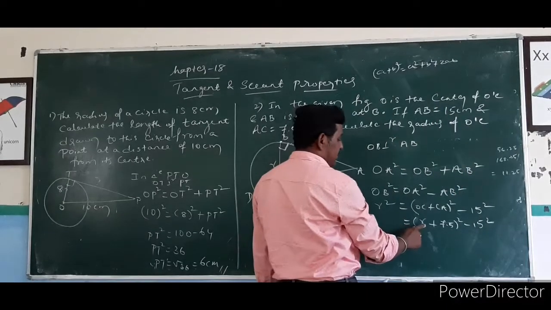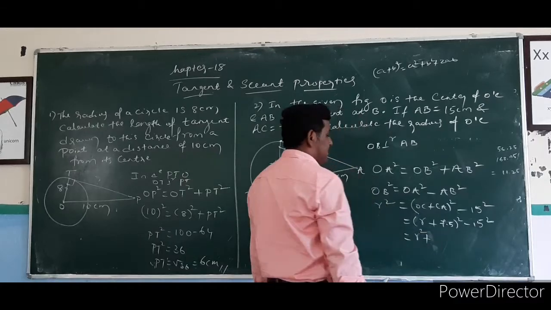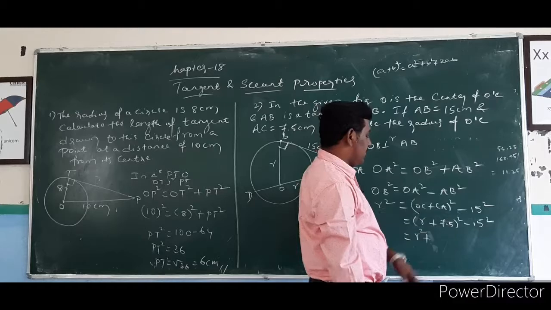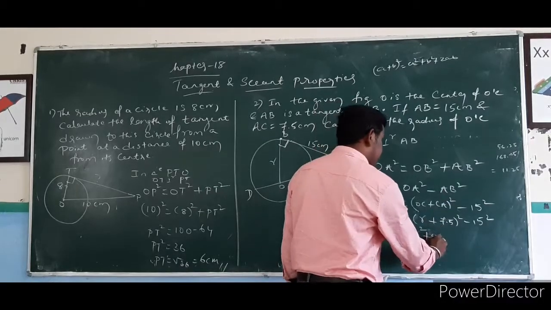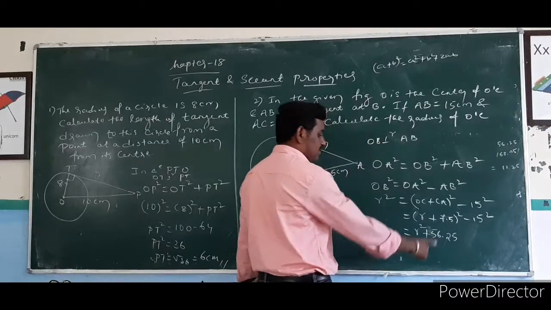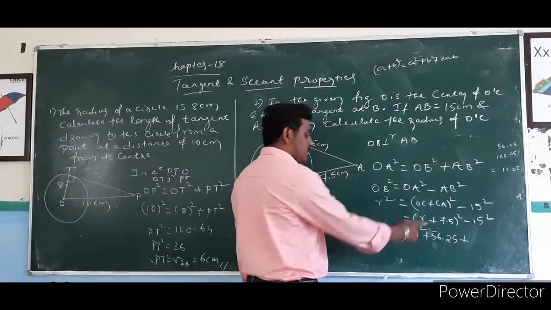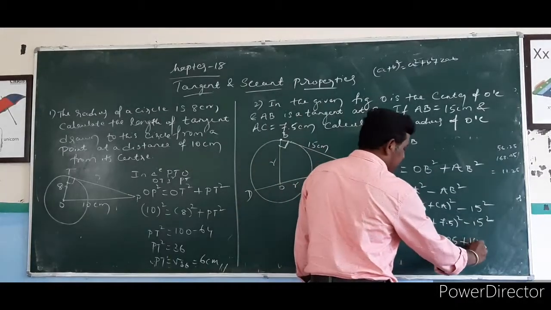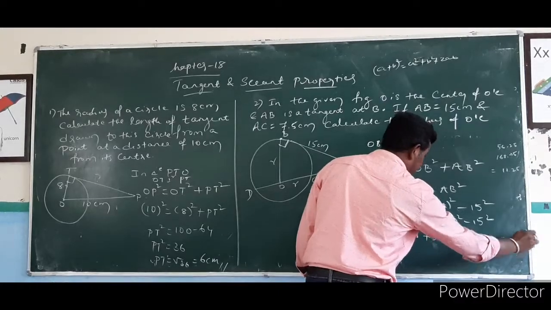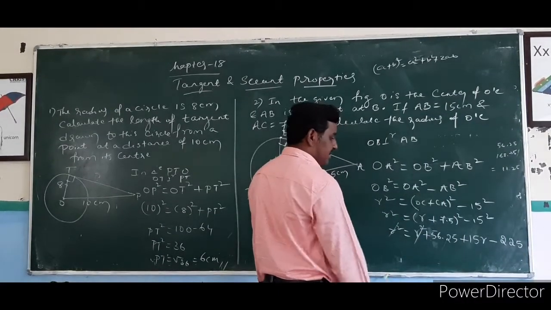So R square plus 7.5 into 7.5, which is 56.25, plus 2 into R into 7.5, which is 15R, minus 15 square, which is 225. R square is there on both sides, so you can cancel it.